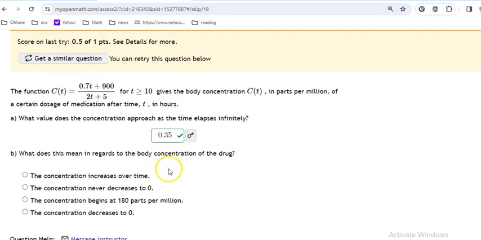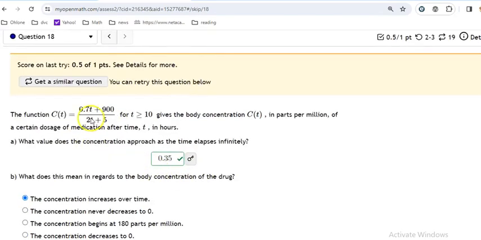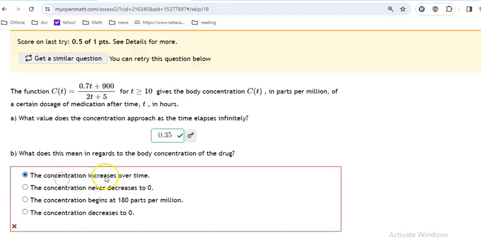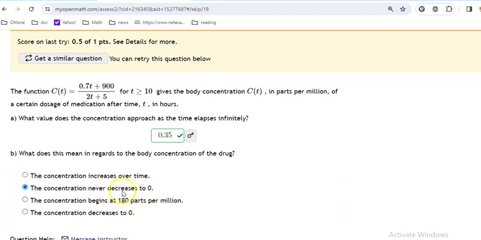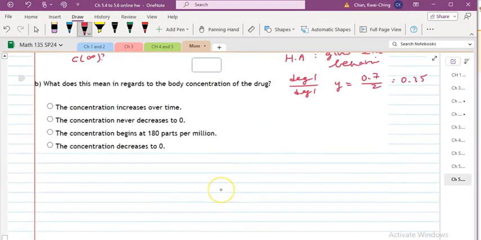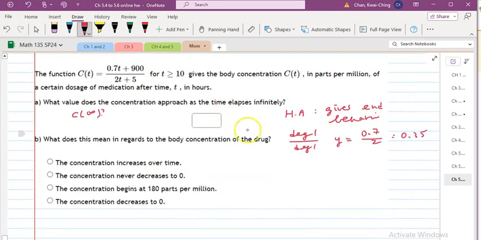What does this mean? Would the concentration increase over time? Don't know. No. Decrease. Oh, never decrease to 0. So it will never decrease to 0. It's decreasing. So I know it's decreasing because, if you check, they say T of 10, right?